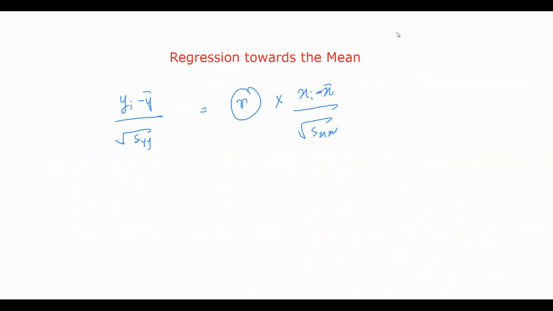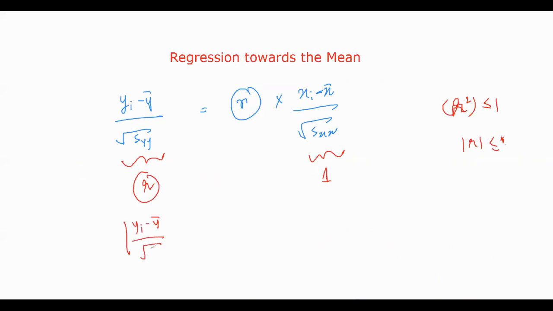What does it mean? Suppose this is equal to 1. That means this is equal to r, right? And r square is less than or equal to 1, so modulus of r is less than or equal to 1. So what does it mean? That modulus of (yi minus y bar) by root over Syy is less than or equal to modulus of this, right?